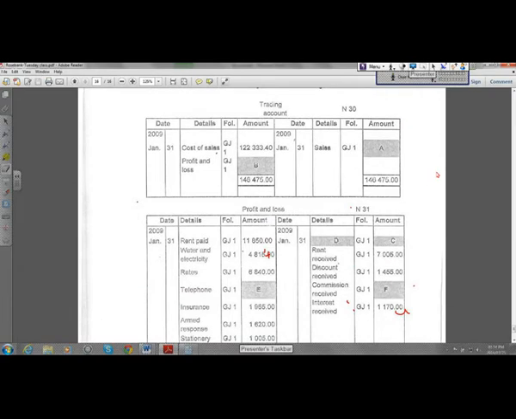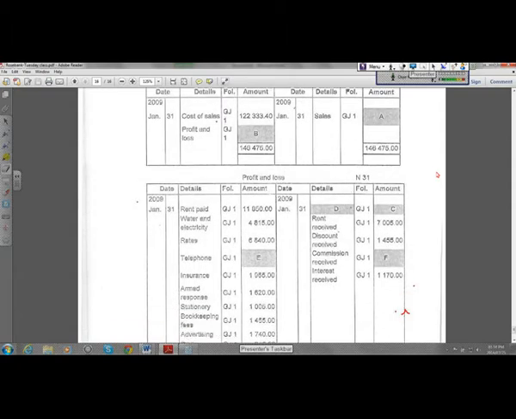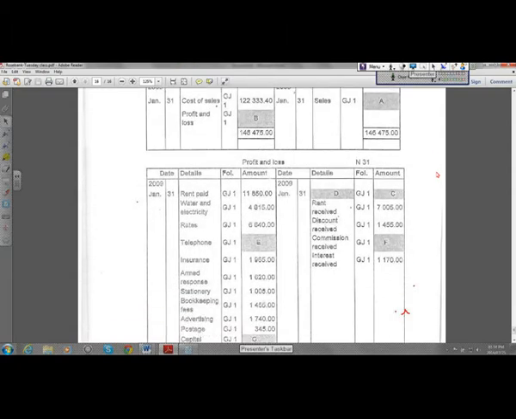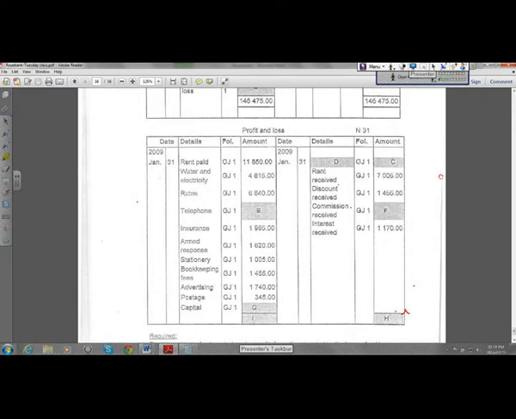So we come to the profit and loss. The purpose of the profit and loss is to work out the net profit. The trading account is where we determine the gross profit, but here the purpose is to work out the net profit.